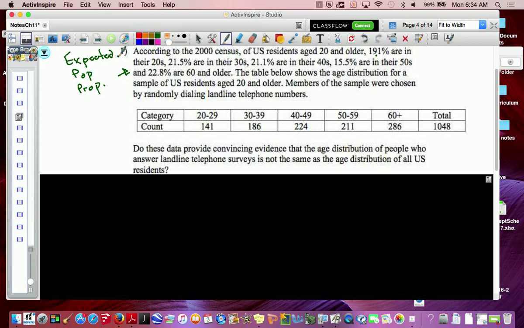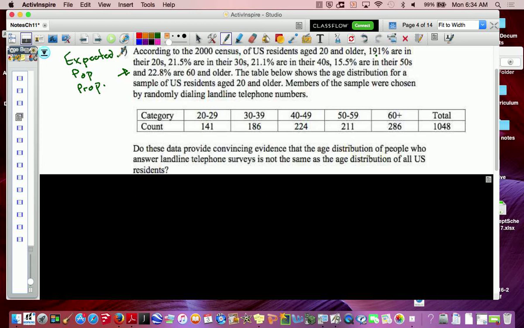This is what we would expect from the U.S. population. The table below shows the age distribution for a sample of U.S. residents aged 20 years and older. Members of the sample were chosen by randomly dialing landline telephone numbers. So the question becomes, do the data provide convincing evidence that the age distribution of people who answer landline telephone surveys is not the same as the age distribution of all U.S. residents?